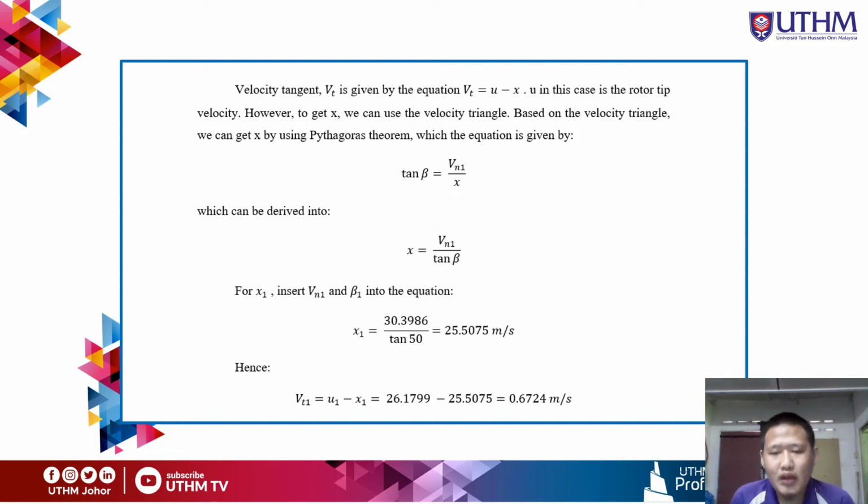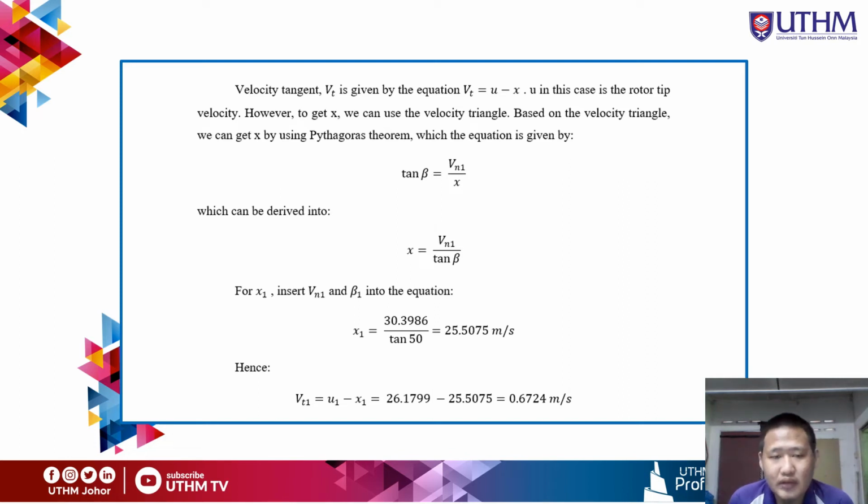Then we will continue to calculate the tangential velocity. The tangential velocity Vt is given by the equation Vt equal to U minus X. U in this case is the rotative velocity. However, to get X, we can use the velocity triangle.